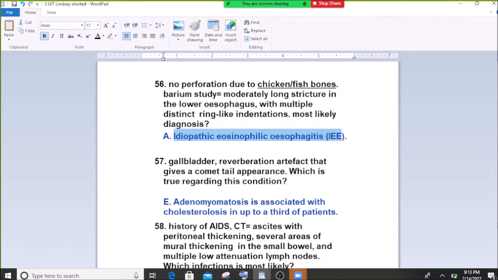There is no perforation due to chicken or fish bones. So this is important: in a patient who has a history of chicken or fish bone ingestion, the most likely condition is eosinophilic esophagitis. It also shows a long stricture in the lower esophagus with multiple distinct ring-like indentations. Diagnosed idiopathic eosinophilic esophagitis.